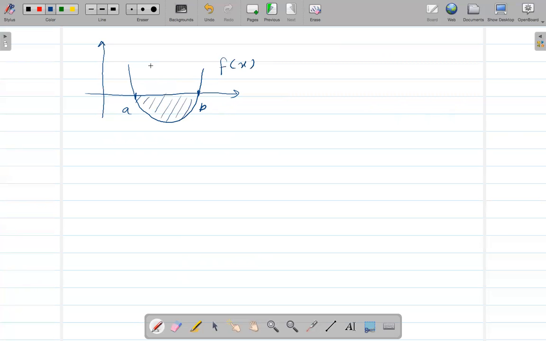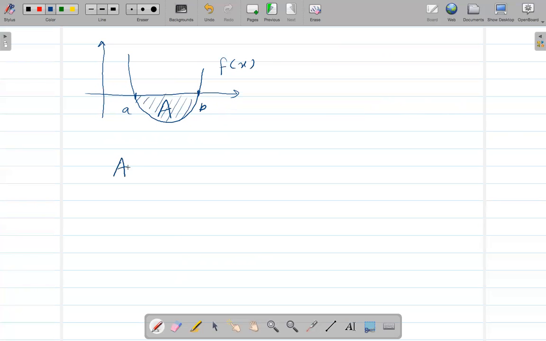It's not this region, because this line is going towards infinity, this line is going towards infinity, so we cannot really find the area of this region, right? But here this thing is enclosed by the x-axis and this graph, right? So now in this case we can find the area.